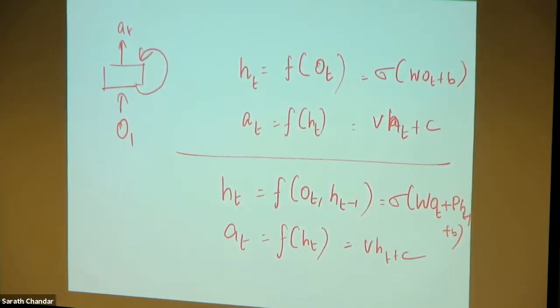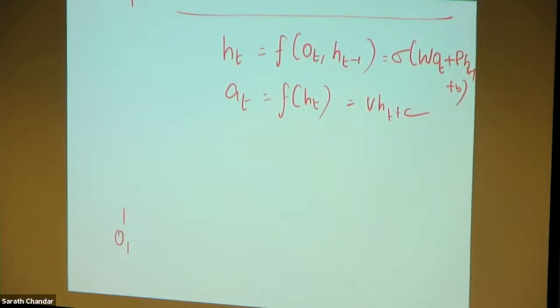One way to understand what a recurrent network is doing is that it takes O1 and makes some action A1. Then when it gets O2, it is not just constructing the state based on O2, it is also taking the previous history into consideration, and it makes a prediction A2.